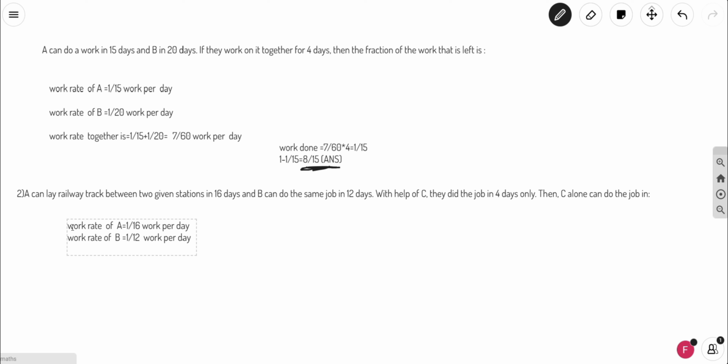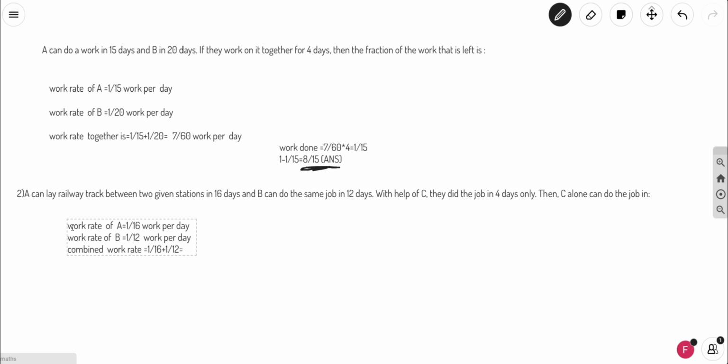Work rate of B is 1 upon 12 because B takes 12 days. So the work rate of B is 1 upon 12. Then the combined work rate of A plus B is 1 upon 16 plus 1 upon 12.